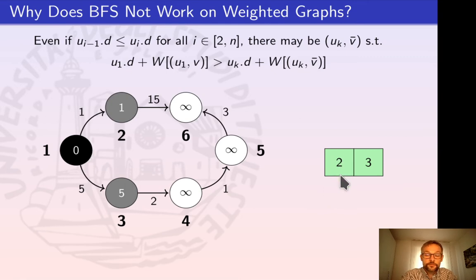The first element in the queue is 2, and because it's the first element, we may try to extract this node from the queue as a candidate to expand our shortest path.